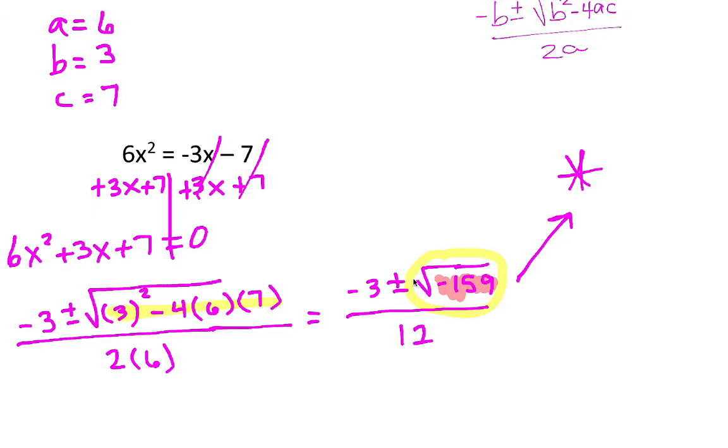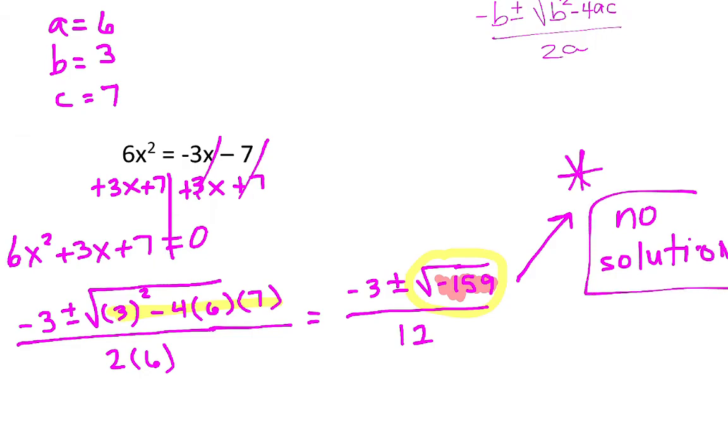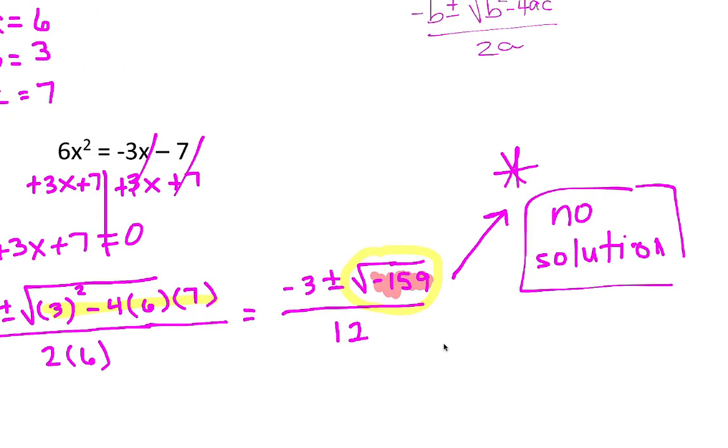So what this means, if you have a negative inside your radical, your answer is going to be no solution, which means your parabola will never intersect the x-axis. So if you ever get a negative inside the radical, you can go ahead and stop and say your answer is no solution. It means your parabola will never touch the x-axis.